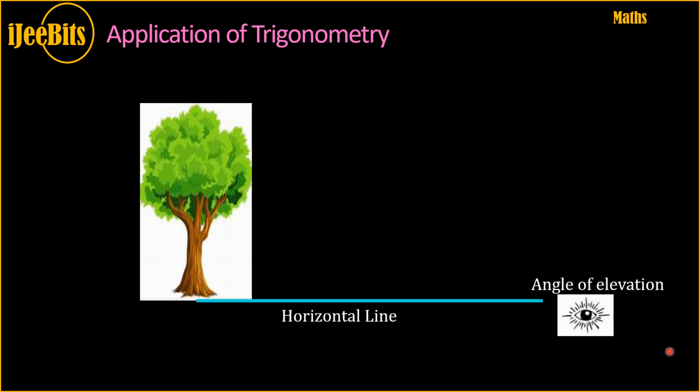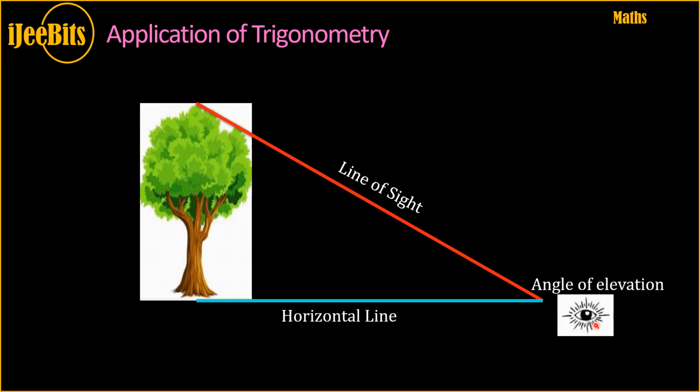So if you are trying to see the top of the tree, the tip of the tree, then the line you are showing now is basically the line of sight with respect to you. You are actually seeing the tree at its top edge without moving, isn't it?